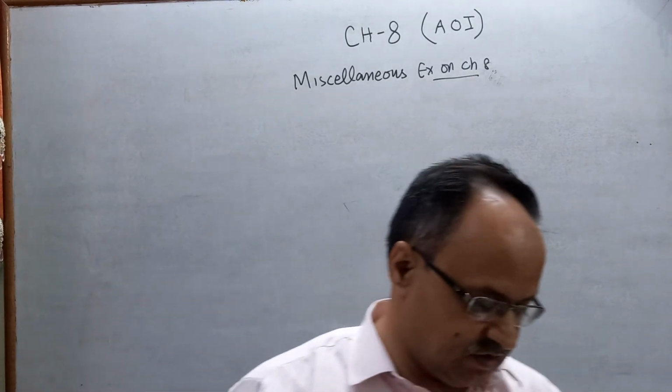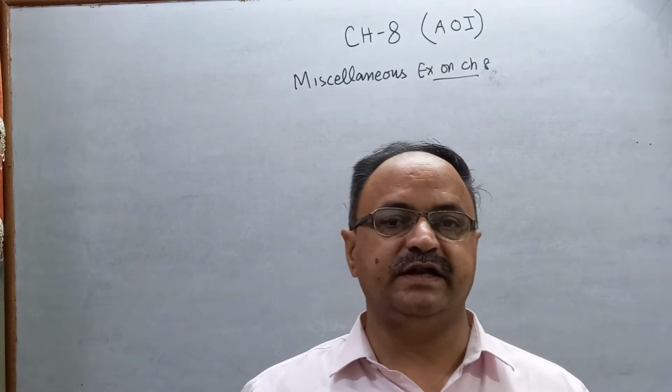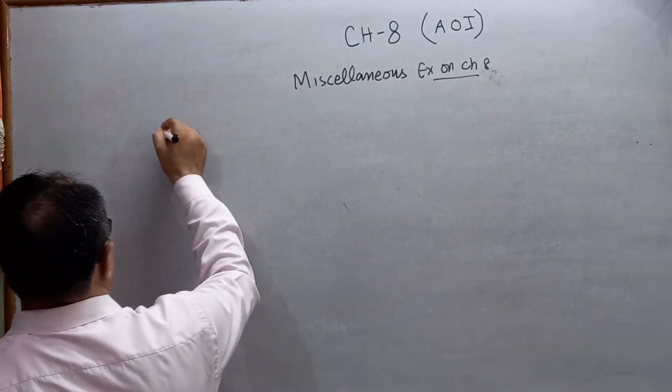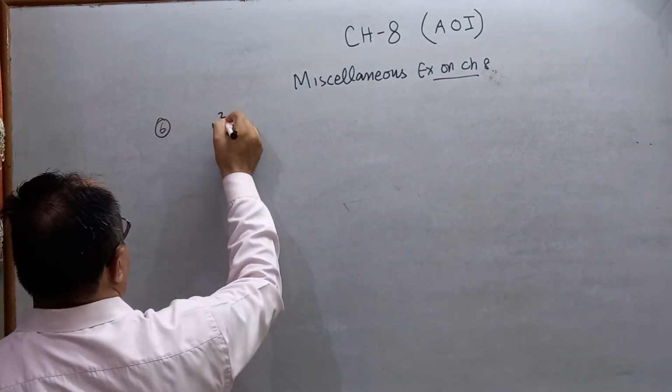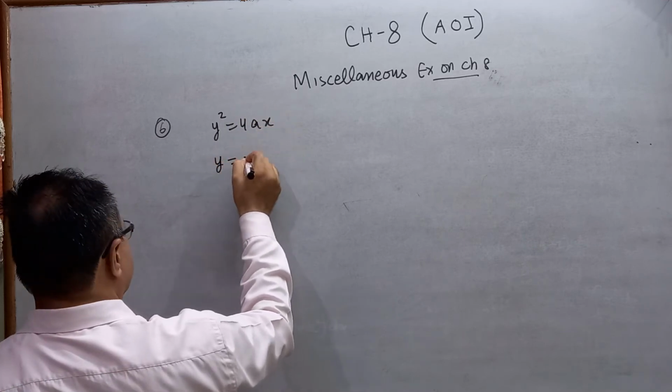Next, question number 6. Find the area enclosed between the parabola y square is equal to 4ax and y is equal to mx.